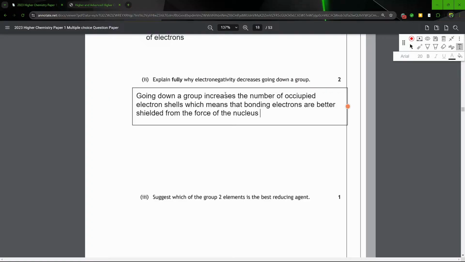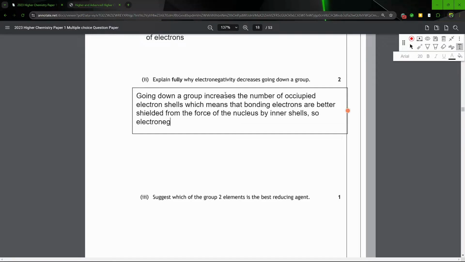That's good enough. I cannot spell to save my life. By inner shells. So electronegativity decreases.